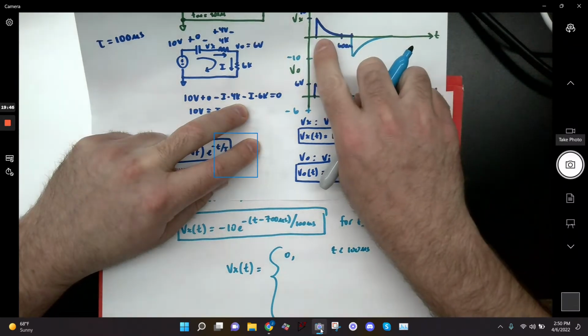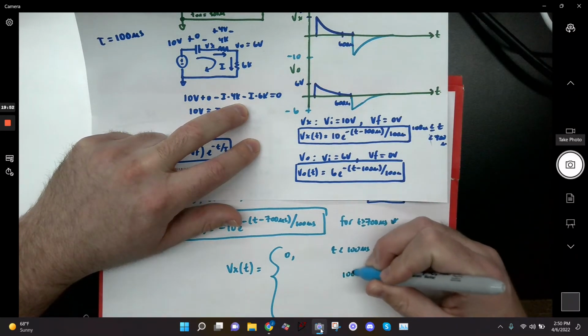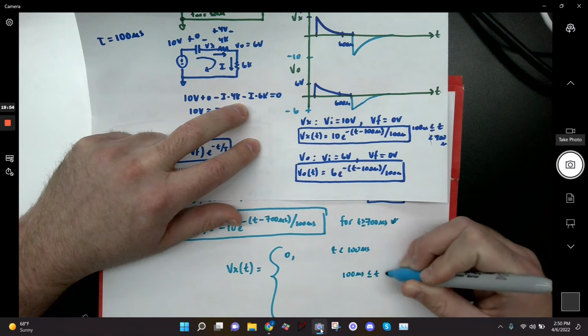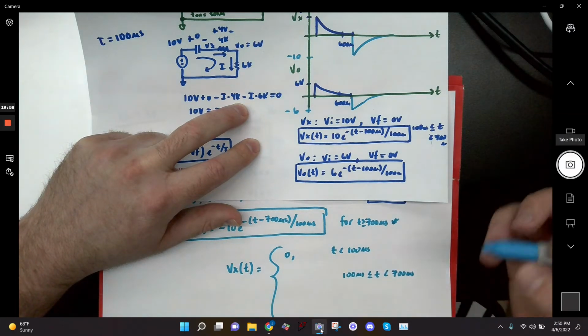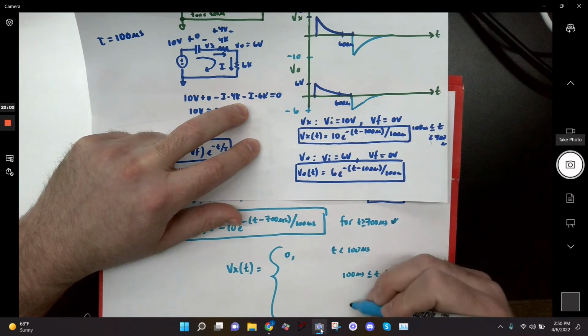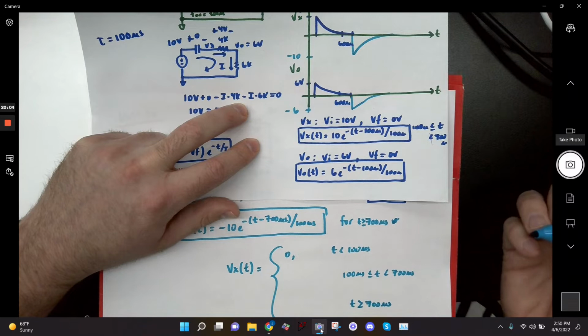Nothing's happening to Vx for the first 100 microseconds. Everybody see that? And then I have another segment from 100 microseconds up to 700 microseconds. And then I have another segment where t is greater than or equal to 700 microseconds, right?